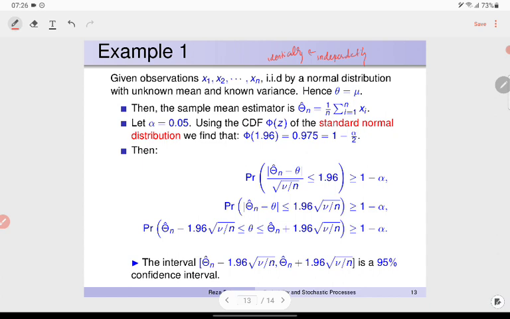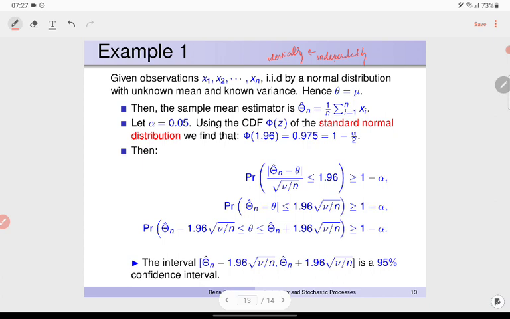Assume, just for this example, we don't know the mean but we know the variance. Therefore, what we are going to estimate is just one parameter, namely theta equal to mu.